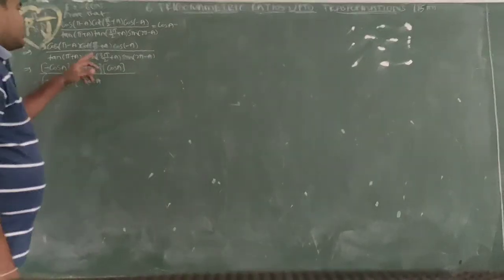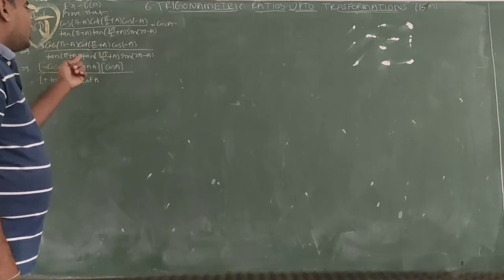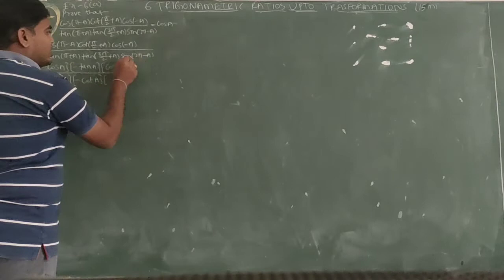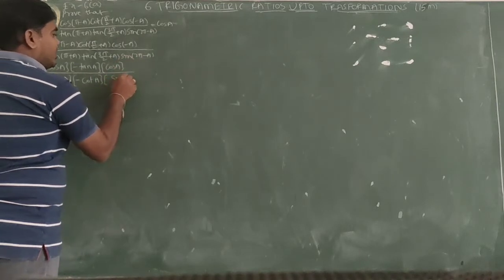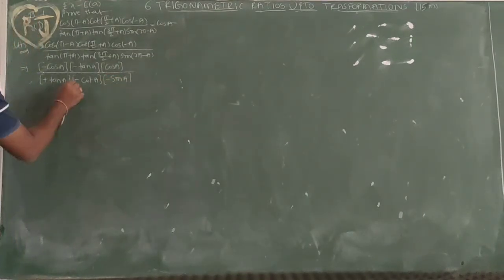So next, 270 plus is fourth quadrant, tan is negative. Next 2 pi, 360, sin is sin itself. 360 minus is fourth quadrant, sin is negative. So this minus minus will become positive. This minus minus will become positive.